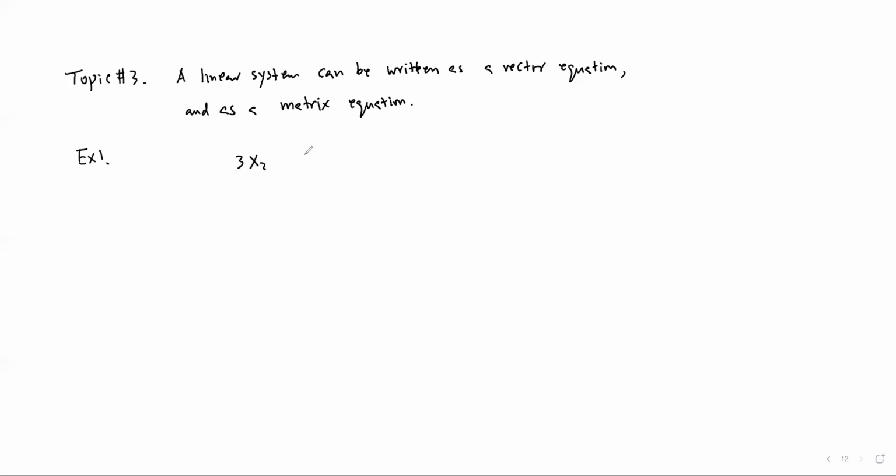The first equation: 3x2 minus 6x3 plus 6x4 plus 4x5 is negative 5.